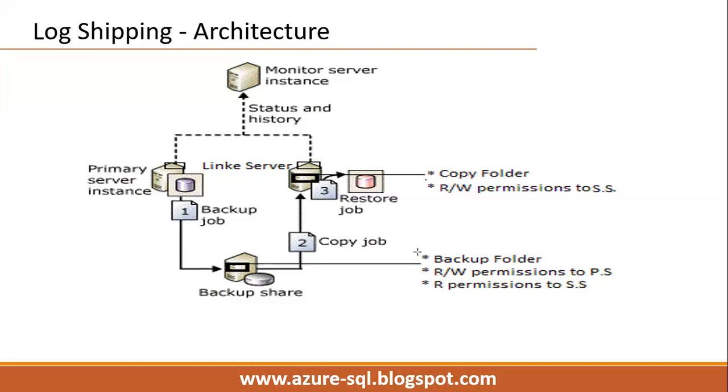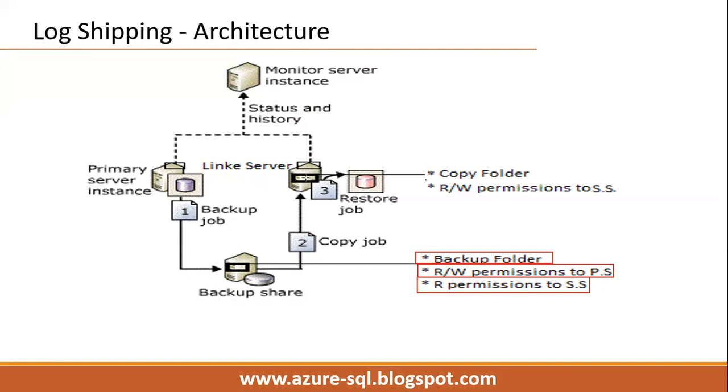Check here on the backup folder, we have to grant read and write permissions to the primary server, and read to the secondary server. This is our backup folder. Why? Because the copy job comes from the secondary to read the file.